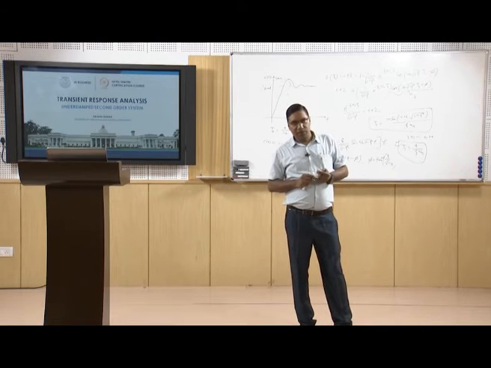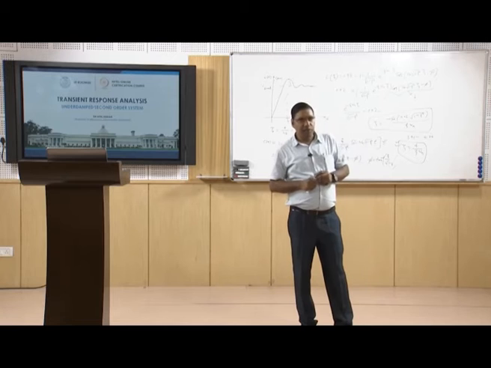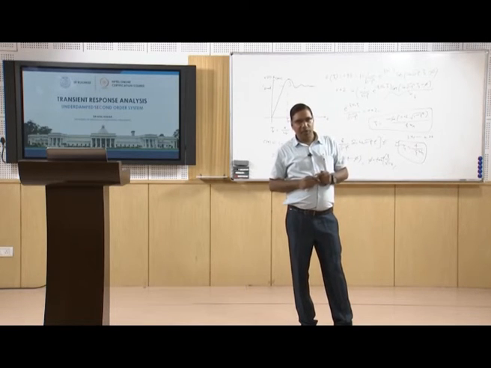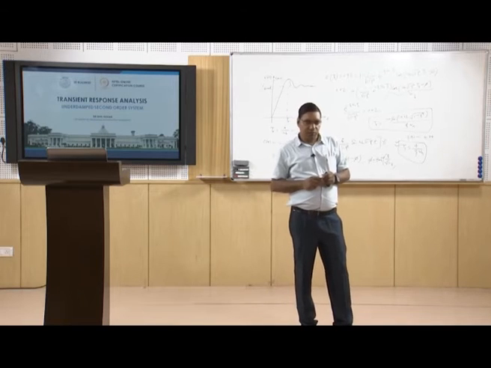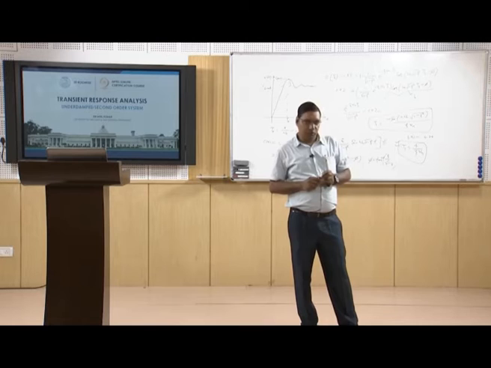So there is peak time, percent overshoot, settling time, and rise time. These are the specifications that we can demand when we design this second order system, that what value we want for these specifications, and we can design our system.